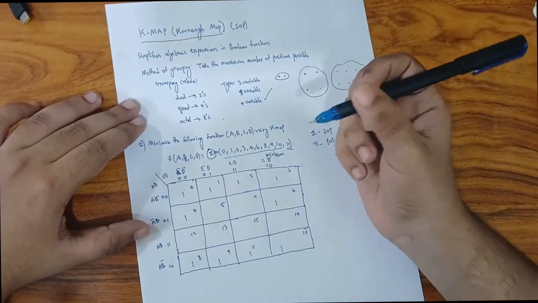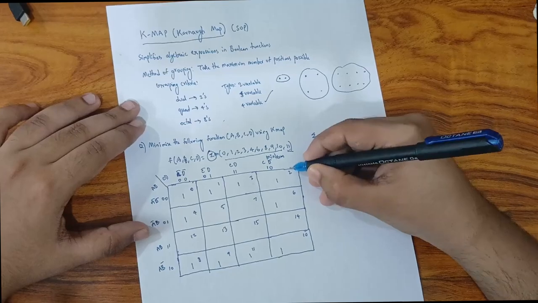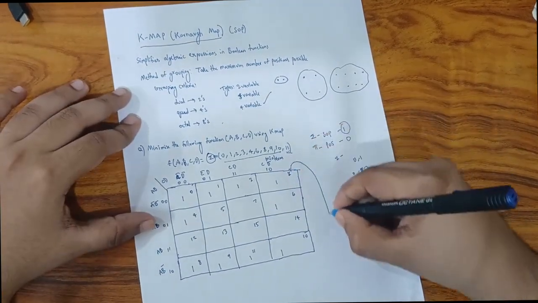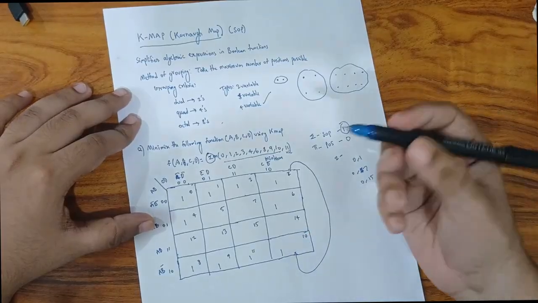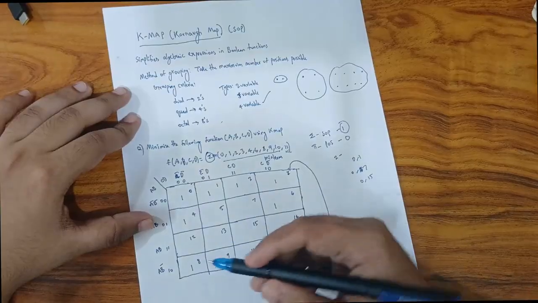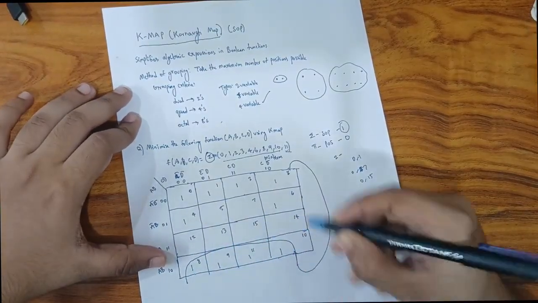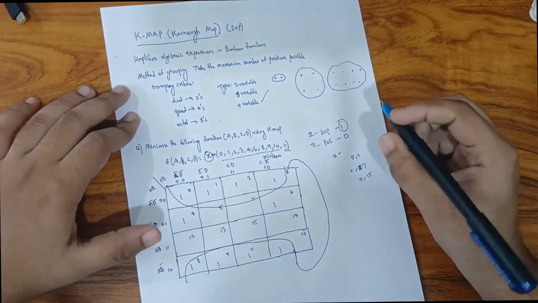What exactly happens here is this is an extension. The kmap doesn't end here, it actually starts again. Both of these two parts are connected. So instead of forming two quads, we need to form one octal. So I'm going to group all these. They're all one group. Sorry for this.